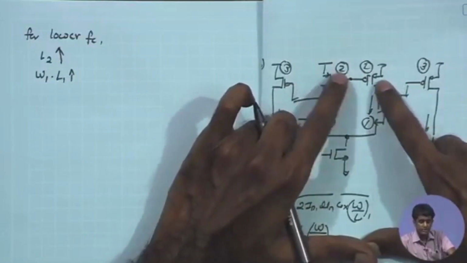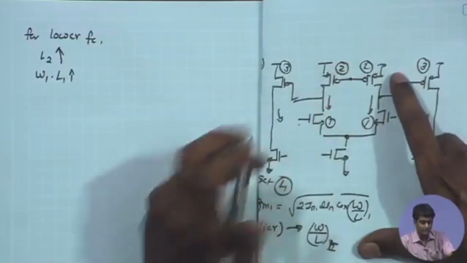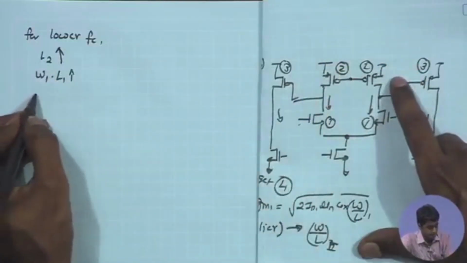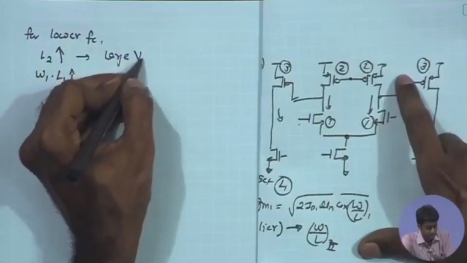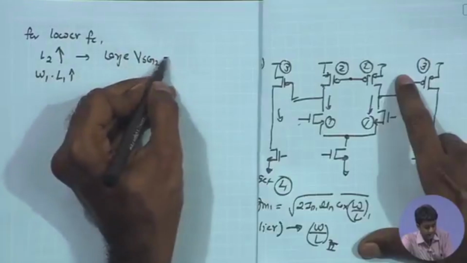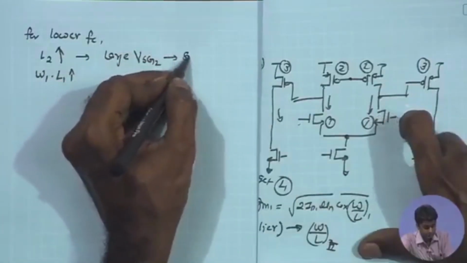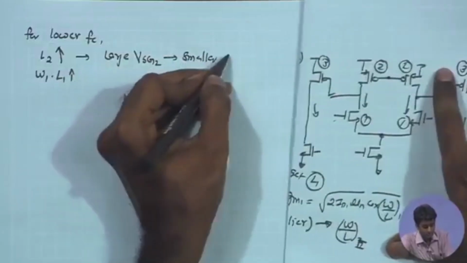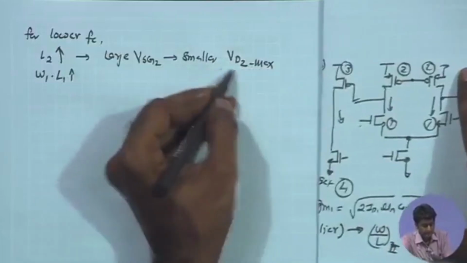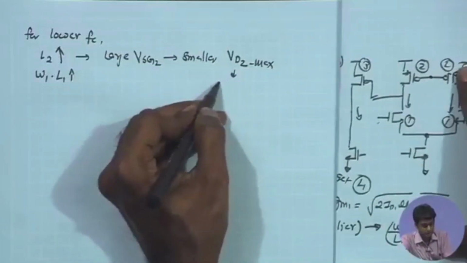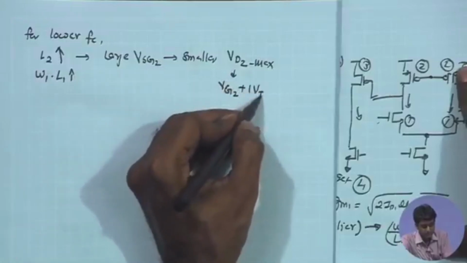So, a larger L of these devices and smaller W by L of these devices, larger L means larger VSG2, and that would mean smaller VD2 max, because VD2 max is equal to VG2 plus mod VTP.